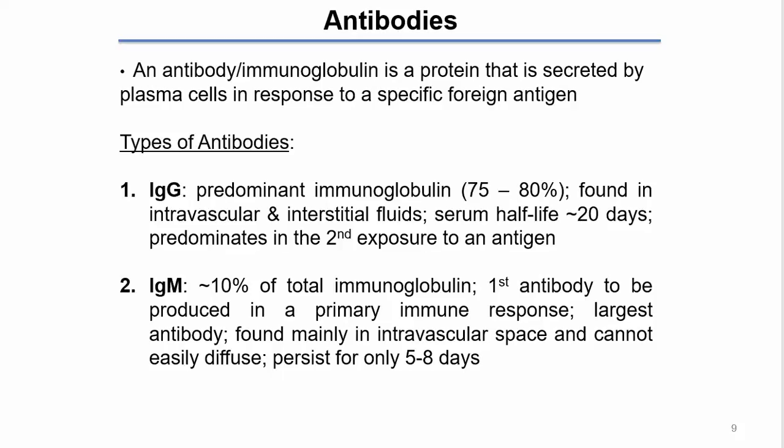They are large enough that they stay mostly in the blood. They don't diffuse easily because of that. They last for a little over a week, someplace around a week after exposure. So IgMs are very important. They make up about 10% of what we see.